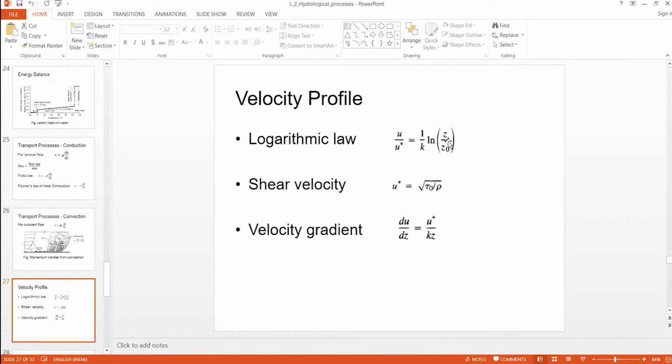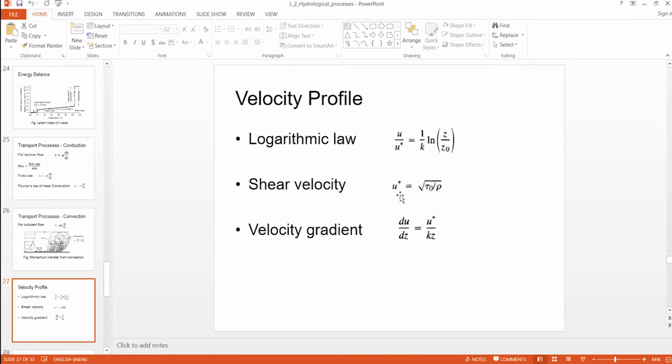And z is the location coordinate, the vertical coordinate of the point where we are interested to find u. U star is called the shear velocity or friction velocity. So this represents the friction, and for a given velocity profile this u star is constant, and z naught represents the surface roughness.